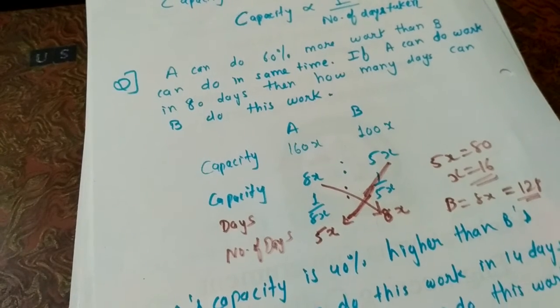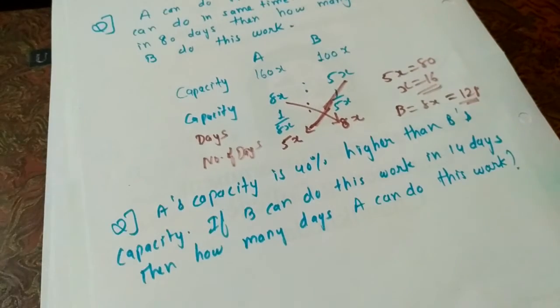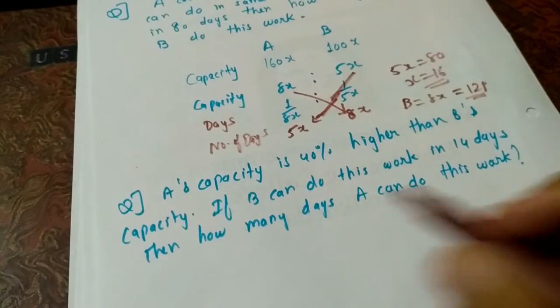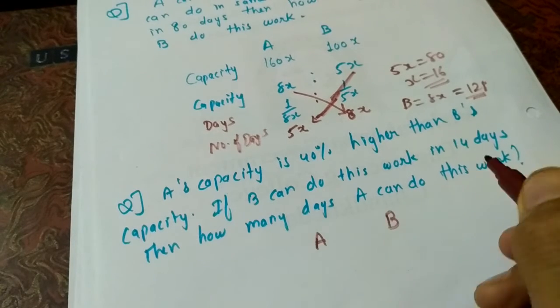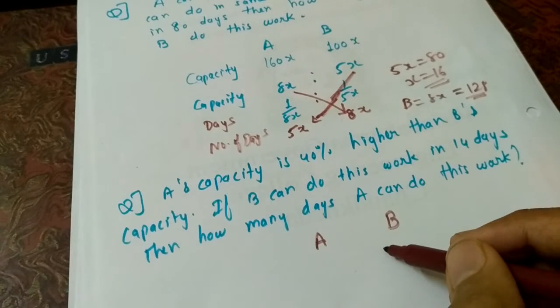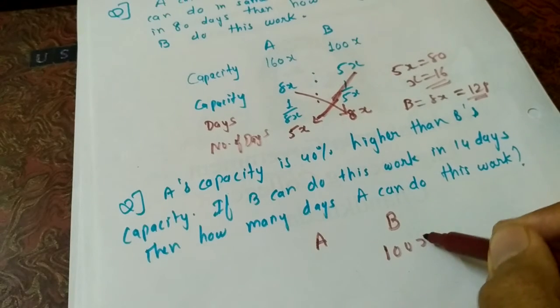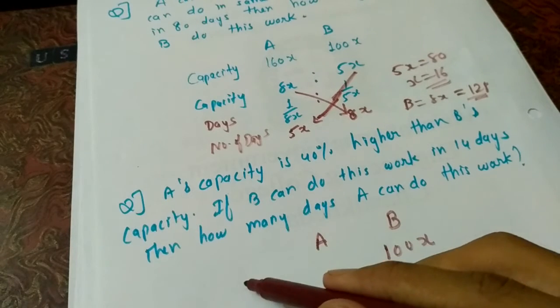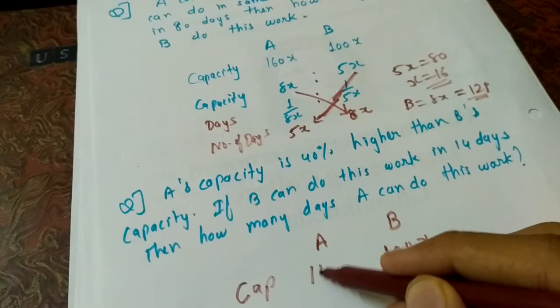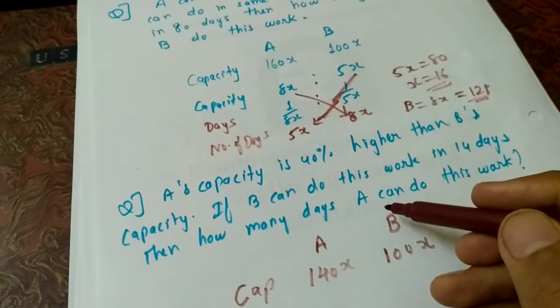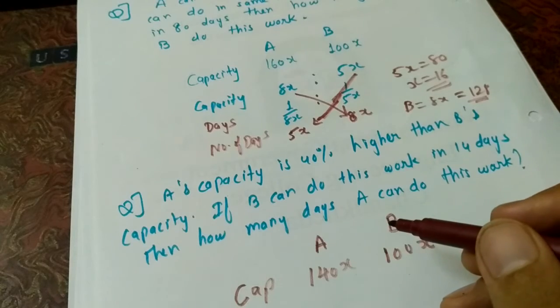Similarly, we can proceed to the next problem, that A's capacity is 40% higher. Let me write this A and B. So similarly, let's say B is 100x. This is capacity only; we are talking about capacity. So A will be 140x. These are proportional values.